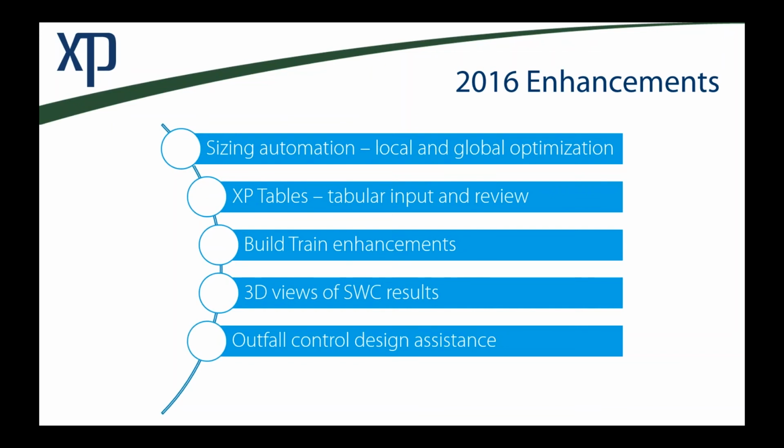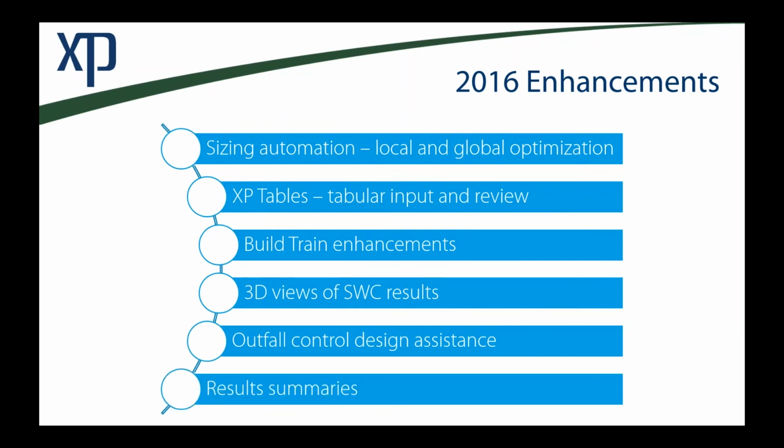The last two are outfall control design assistance and further enhancement of result summaries. Again, we'll look at these. These are numerous items, so we'll chase around where those are across the software.